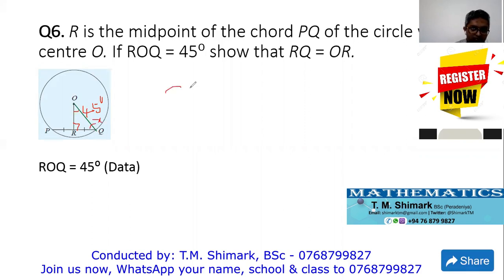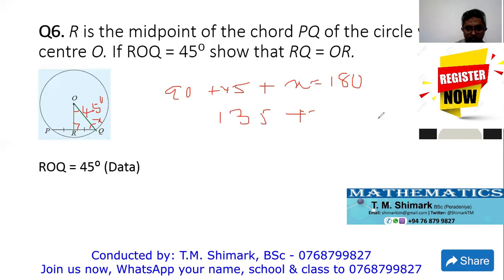So 90 plus 45 plus X is going to be 180. So 90 plus 45 is 135, plus X equals 180. So X is going to be 180 minus 135, which is 45.